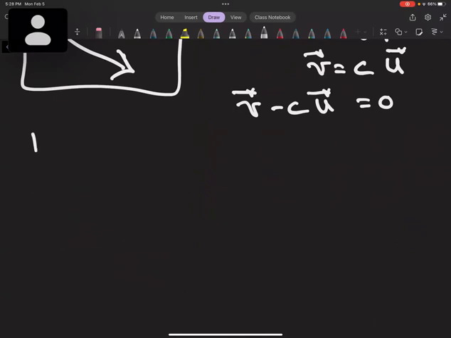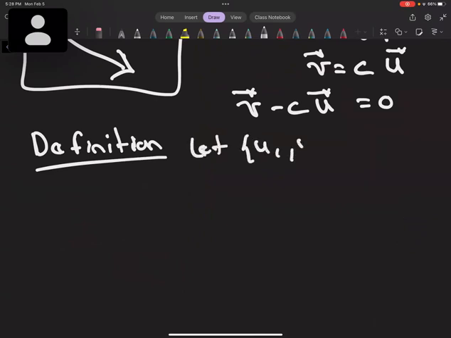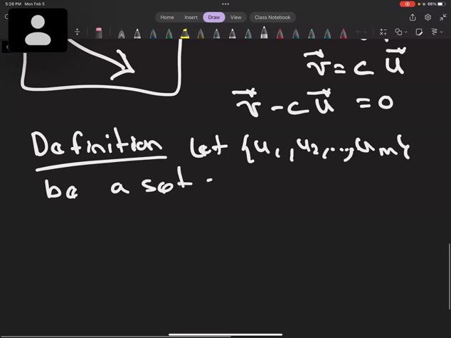So, definition. Write it down so you don't forget. Definition. Let u1, u2, up to um be a set of vectors in Rn.